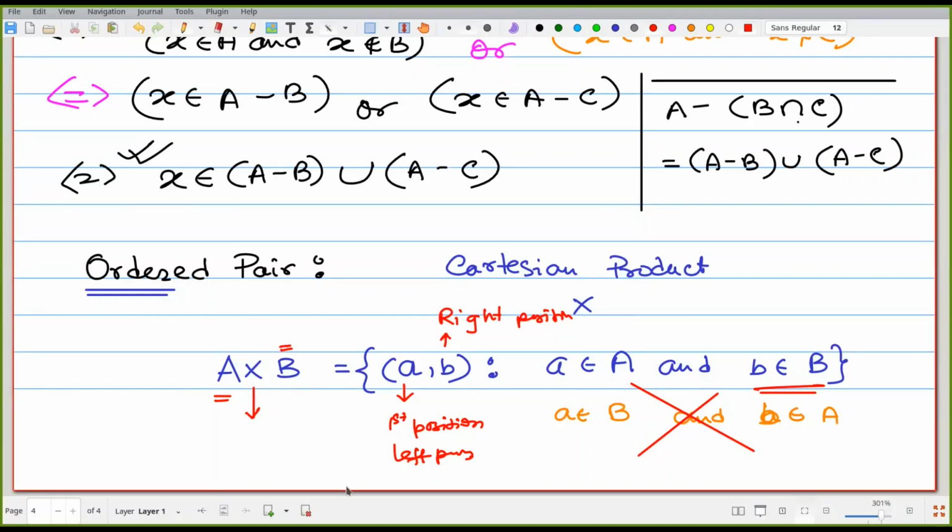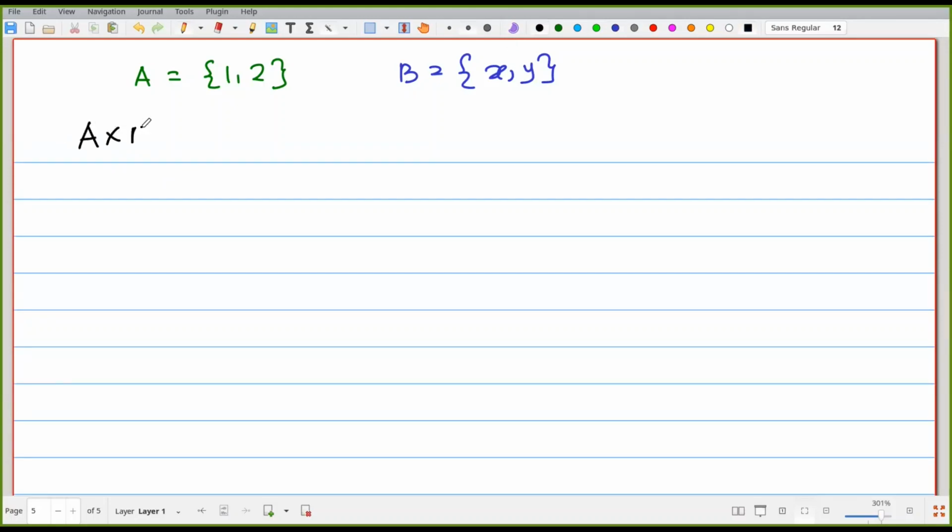Let's check an example, it will be better. Suppose we have A equal to {1, 2}, then B equal to, suppose, {x, y}. Then we are finding A cross B.